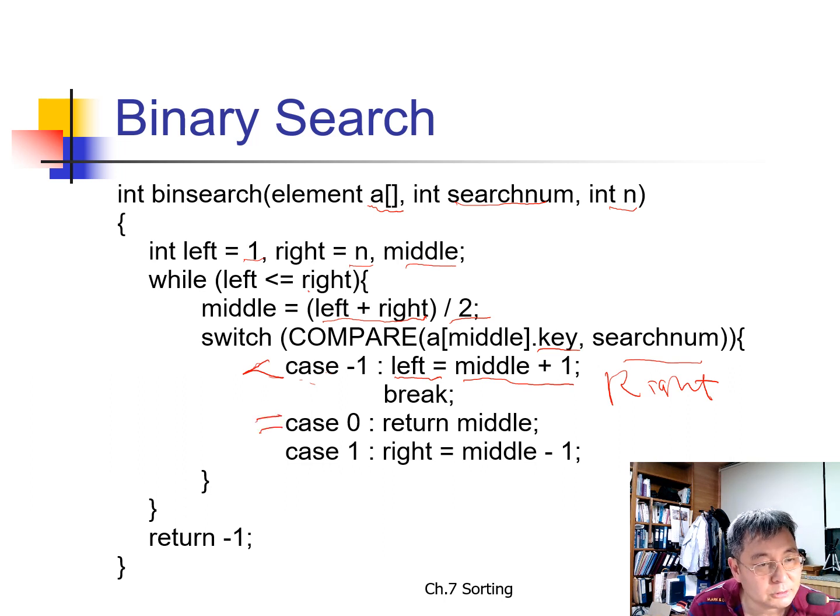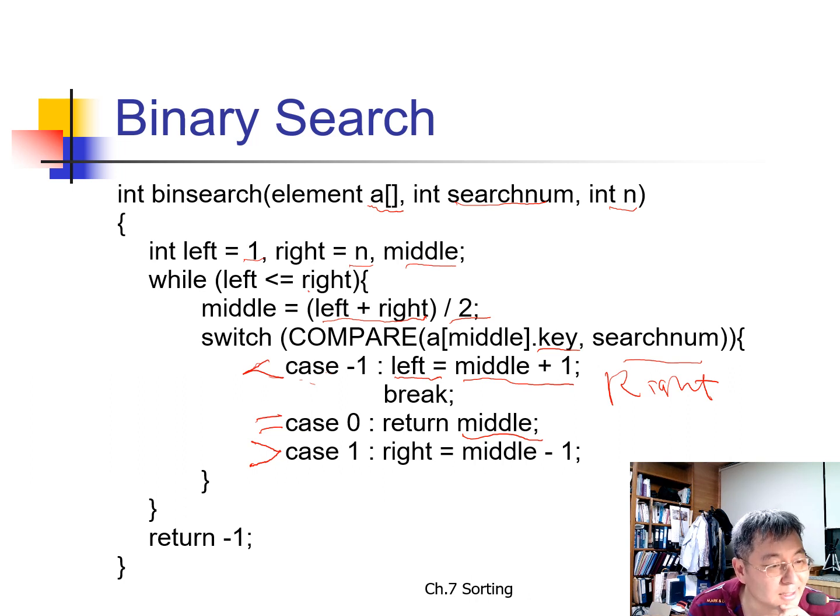The key value and the search num are equal. Then it will return the middle value as the found index in the given data set. And case 1 means that the key value is greater than searchnum.